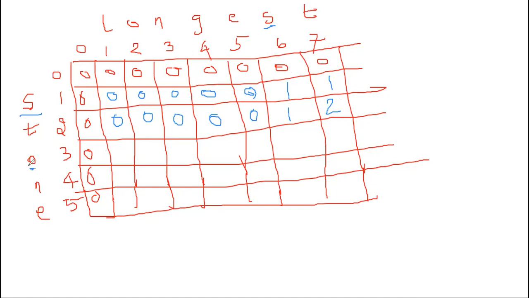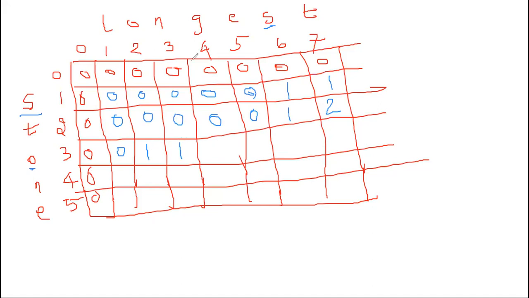Next character. Now the O is compared to L. So 0, correct. Next, O is compared to O. There is a match, so I should write 1. Next, O is compared with the N. So I should write 1, since when not matched, we take the maximum among these two.